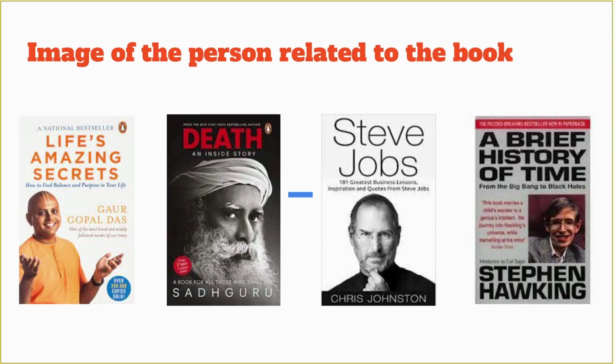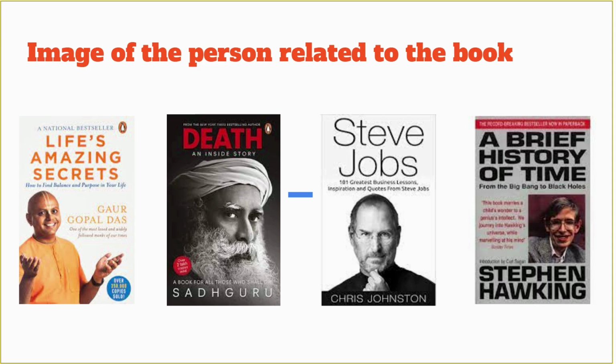Then the fourth kind is the book in which there's a real person. That person is related to the book, and that can be from two points of view. Either that person is writing the book, like the second book, Death: An Inside Story, which is written by Sadhguru and the image of Sadhguru is there. But the third book, Steve Jobs, is not written by Steve Jobs, it's written by Walter Isaacson, but the image of Steve Jobs is there.